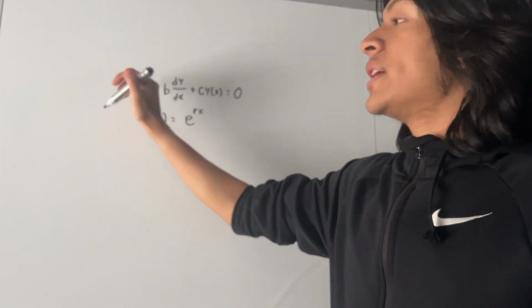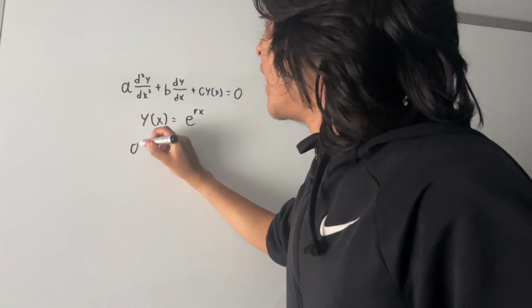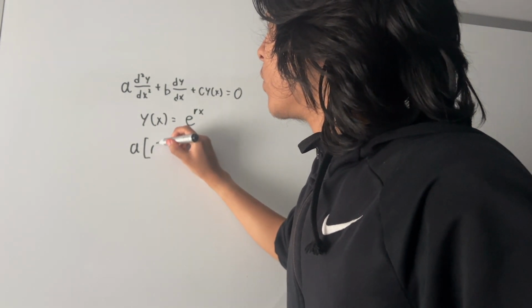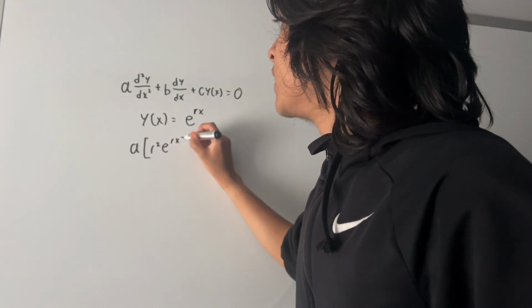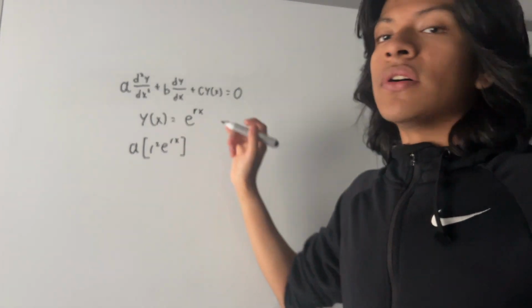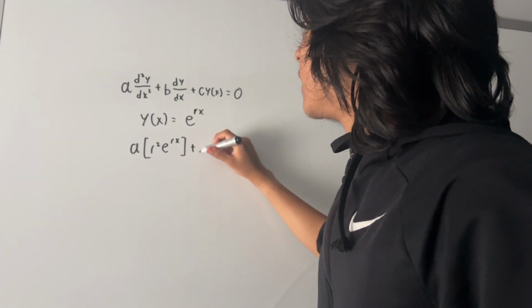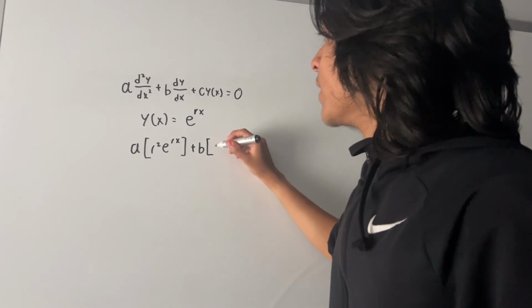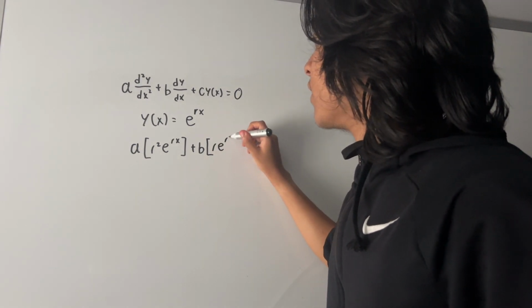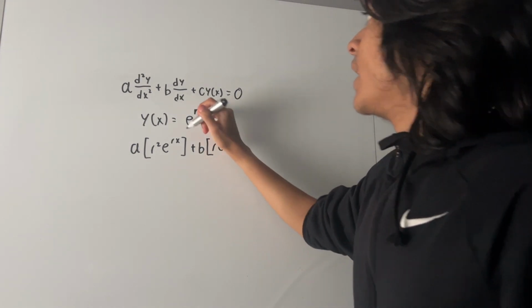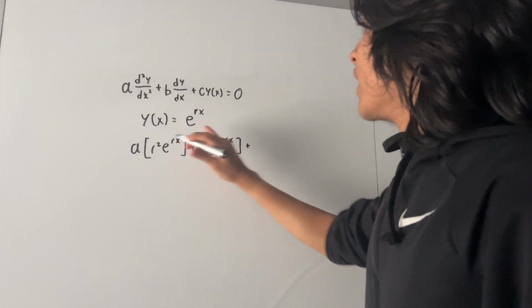So when we apply it to here, we're going to get a times r squared e to the rx. So that's the second derivative of y. Then we have b, our first derivative is just going to be r e to the rx. And then our y of x, that's just y of x.